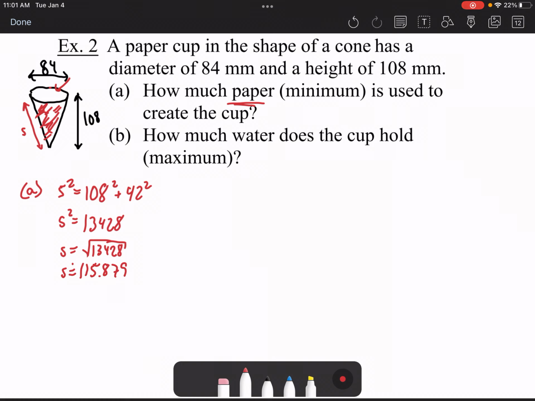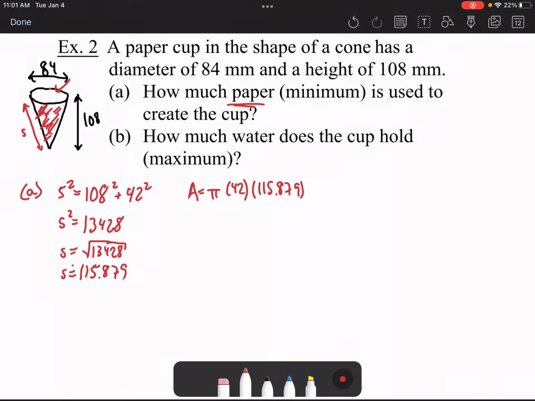So to figure out our total area of this shape, we're going to take pi, multiply by the radius, which is 42, times what the slant height was, which was 115.879. And again, try to keep your 115.879 exactly in your calculator, whatever that actual value was, so when you work this out you'll get the right answer.